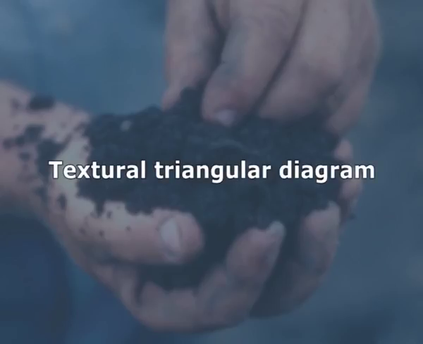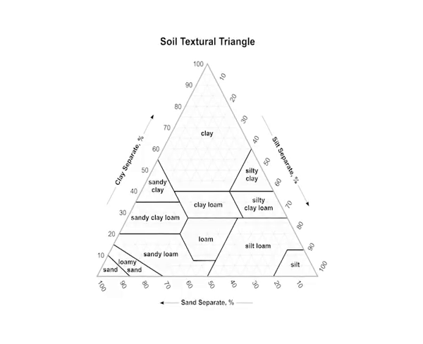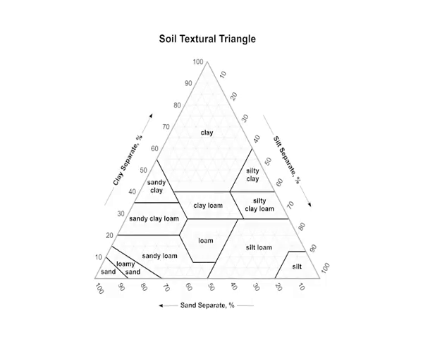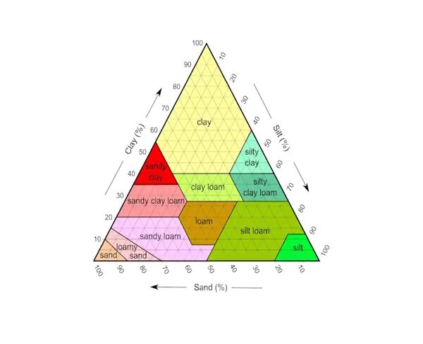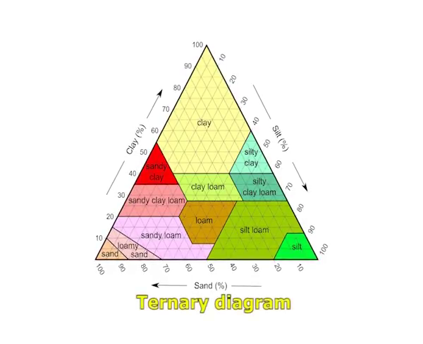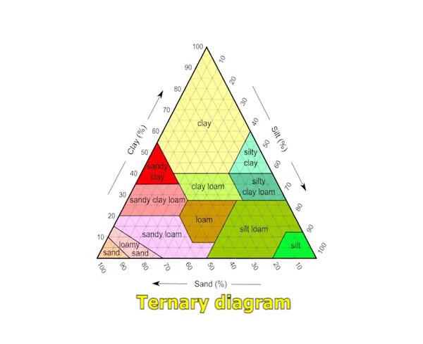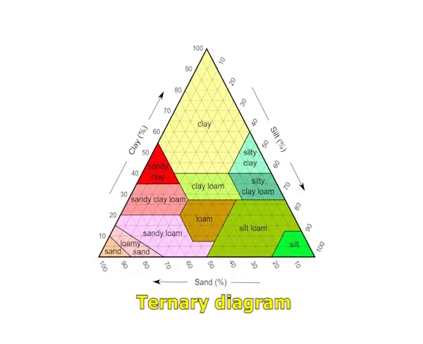Textural triangular diagram. FAO and UNESCO have recommended a triangular plot to identify the texture of the soil when there are exactly 3 variables. Triangular diagram is also called ternary diagram. In the graph, soil composition can be determined using the 3 variables.